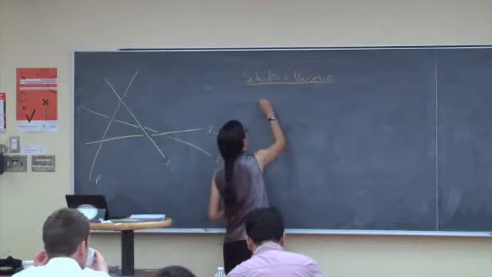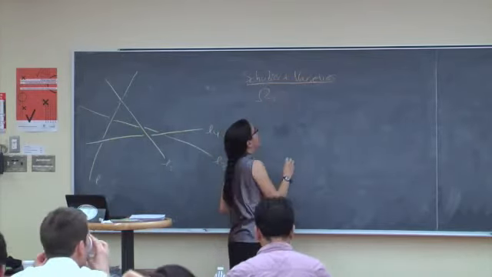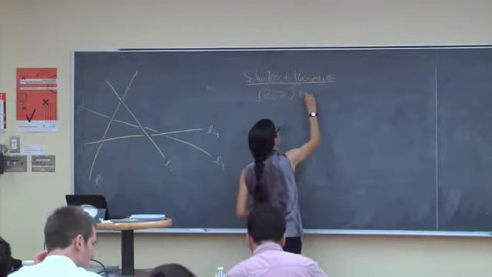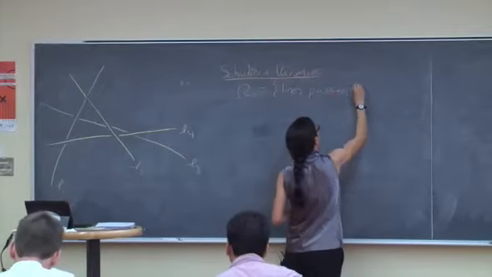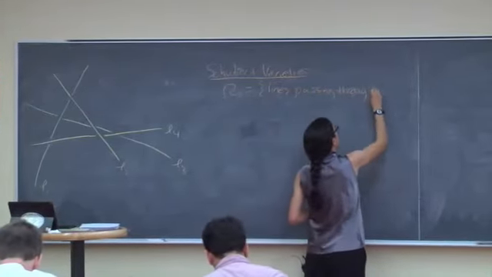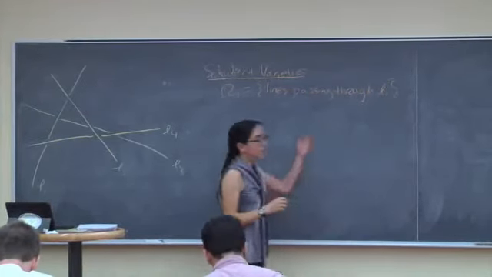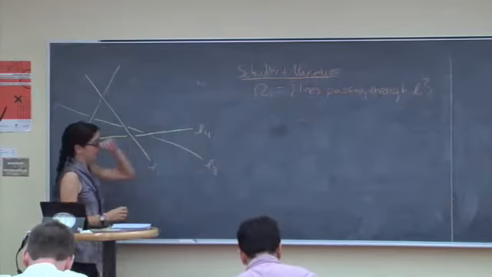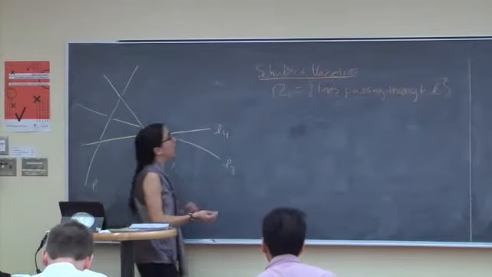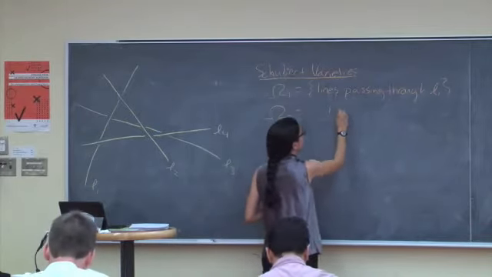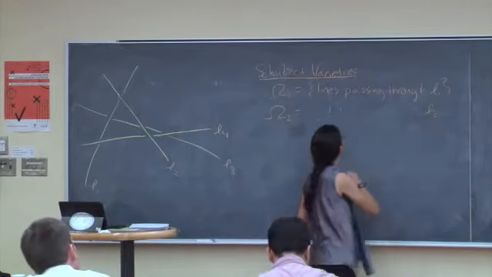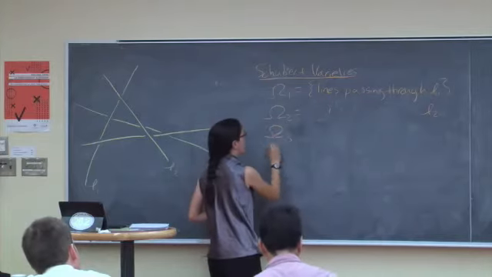So we're going to define omega 1, say, to be the set of lines passing through L1. And we're going to see that this has the structure of an algebraic variety. There's a topological structure on omega 1, lots of nice things. And we're going to do the same thing for each of these lines, with omega 2, omega 3 and omega 4.